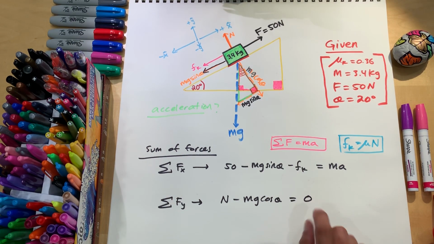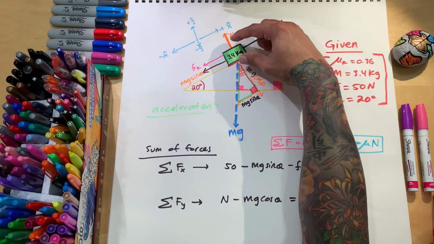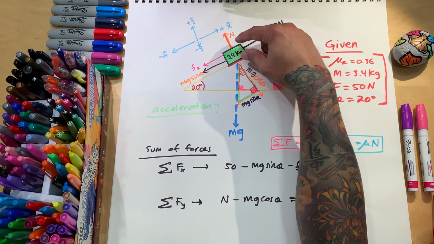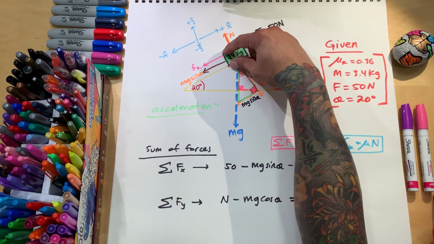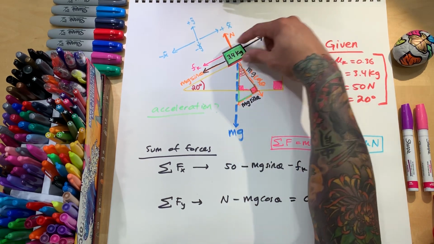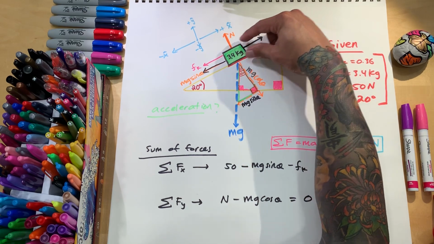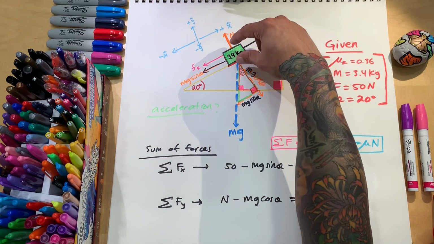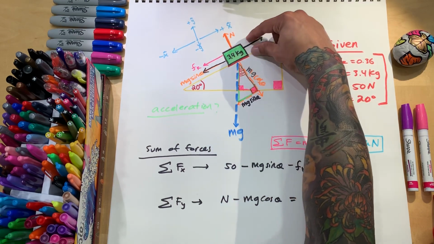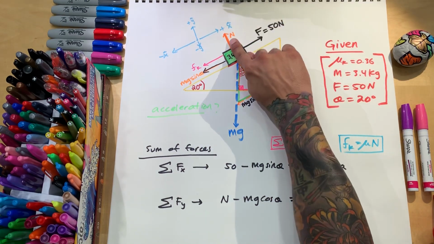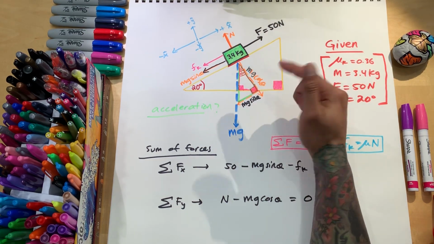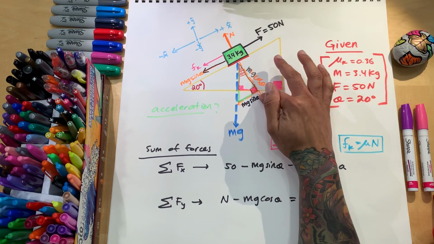Why 0? Because this box is not moving in this direction. As it slides, the force is pulling it along, but it's not going up and down and bouncing on the ramp. It's perfectly level on the ramp, and because of that, this force and this force are balanced out, or they're equal to 0, however you want to look at it.